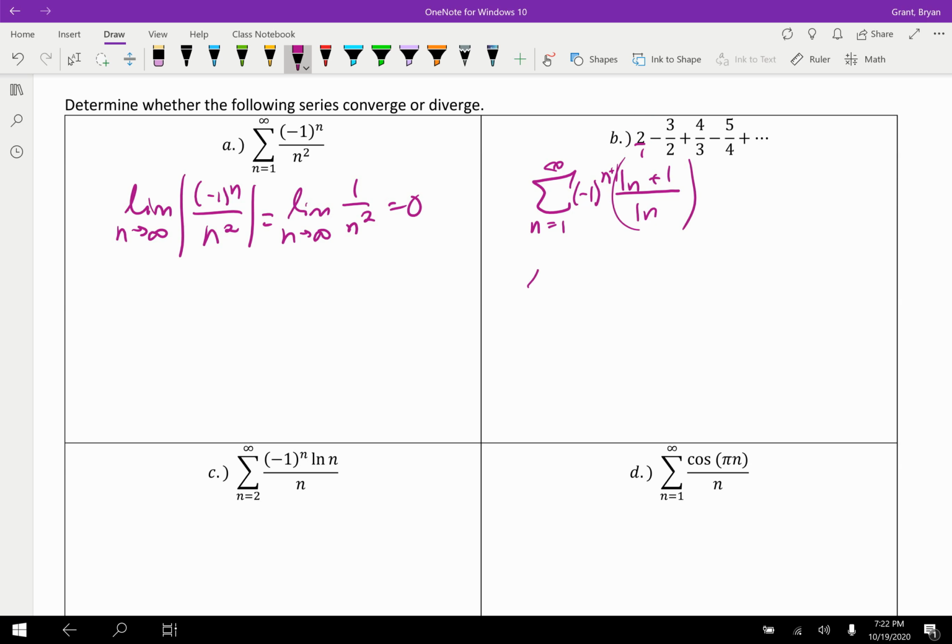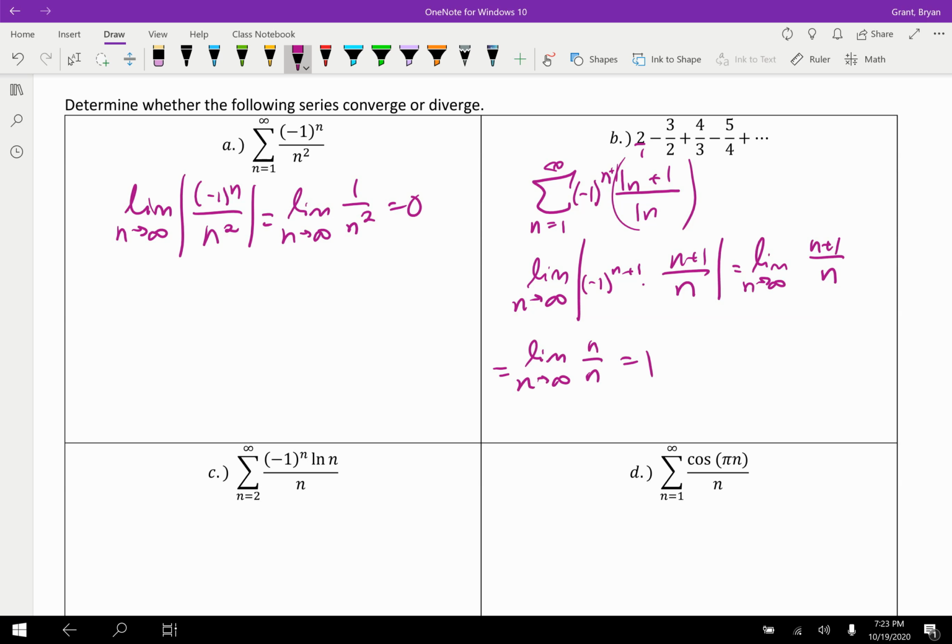So let's go ahead and try the limit as n approaches infinity of negative 1 to the n plus 1 times n plus 1 over n, which is the limit as n approaches infinity of just n plus 1 divided by n, which using dominance is the limit of n divided by n, which is just 1. Uh-oh, we are not going to 0.